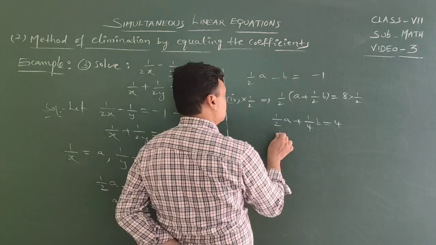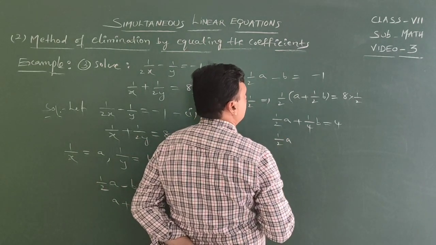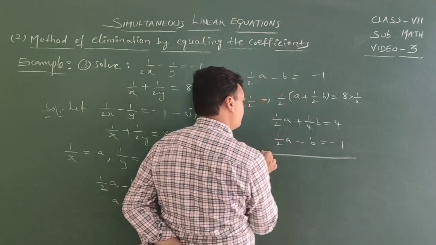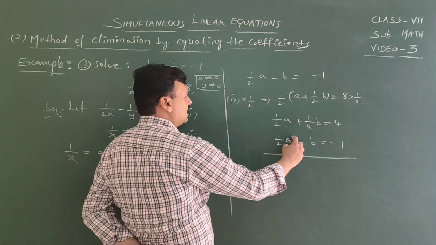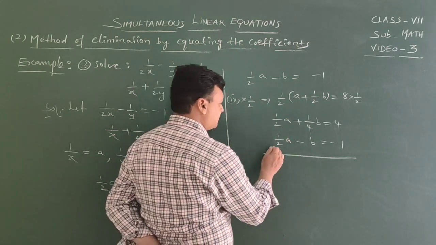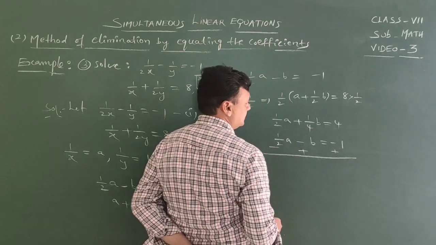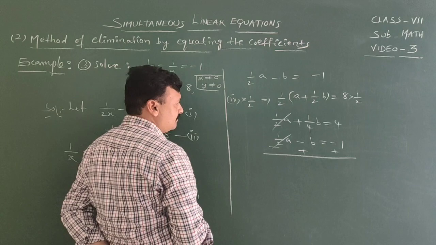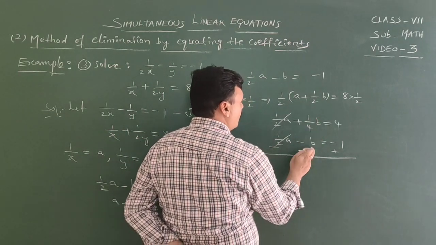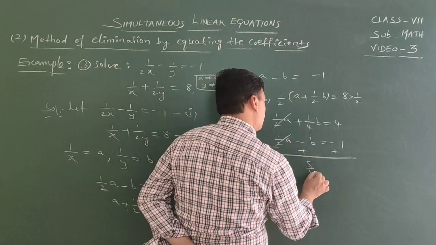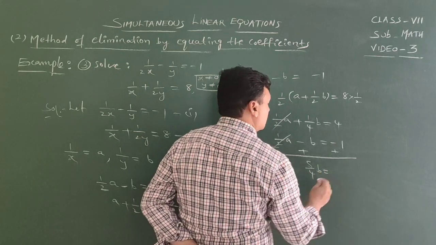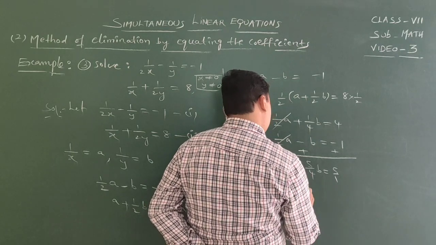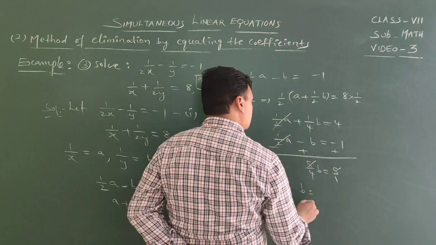Now write this equation, half a minus b equal to minus 1. Now the coefficients of a are the same with the same sign, that's why subtract. Here half a gets cancelled. Here 1 plus 1 by 4, 5 by 4 b equal to 5, so b equal to 4.